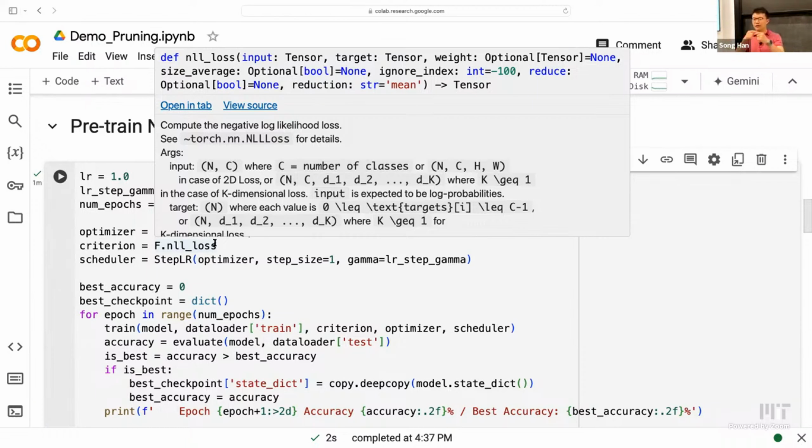For example, if you get stuck at a saddle point and you add another dimension, you can go even lower. So overparameterization helps with optimization, and after the optimization, you can prune them away.